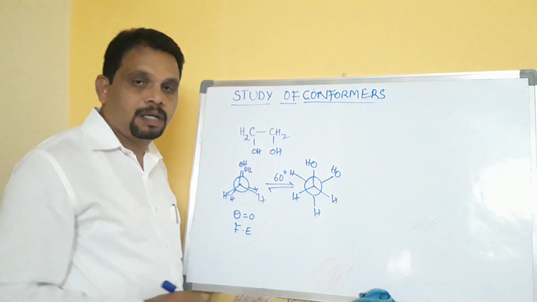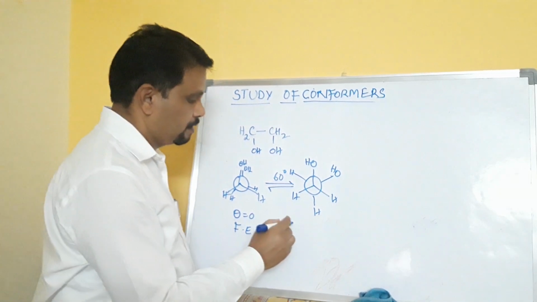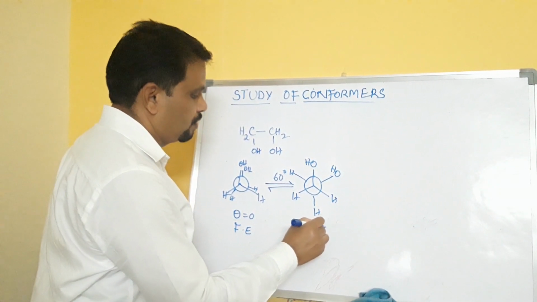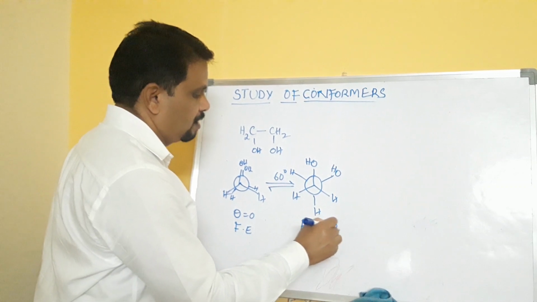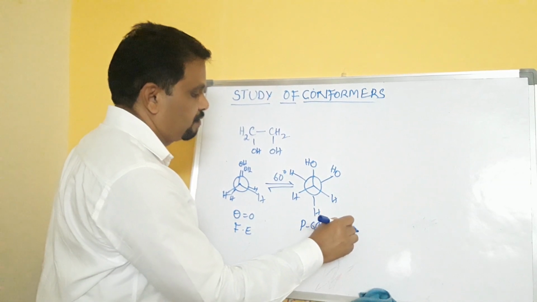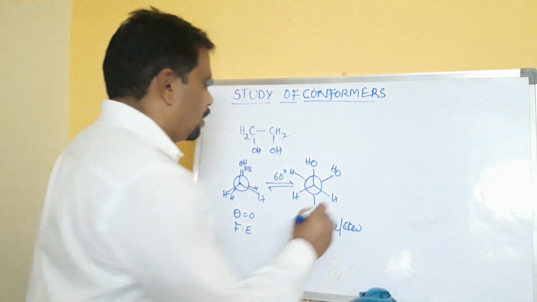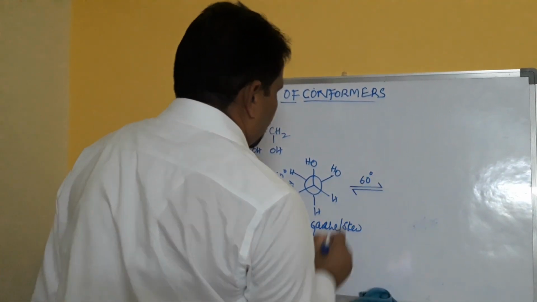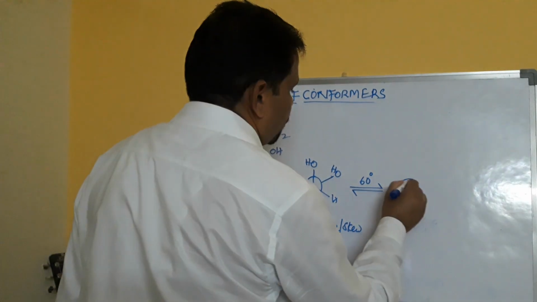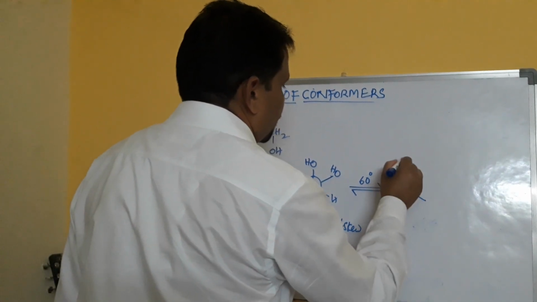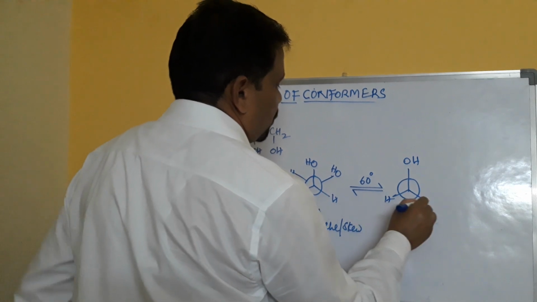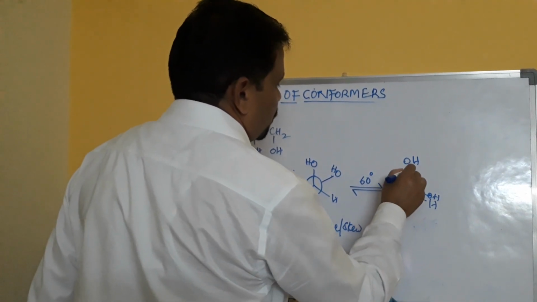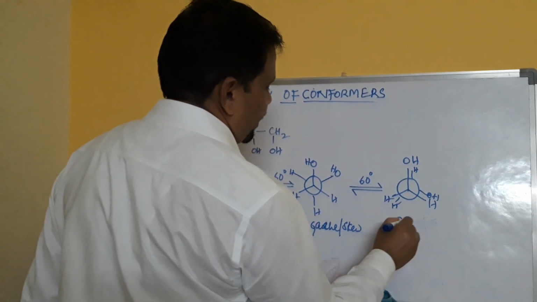So this is the gauche conformer. Another 60-degree rotation, it will become the partially eclipsed conformer. Hydrogen and hydrogen, OH, hydrogen and hydrogen. Okay, partially eclipsed conformer.